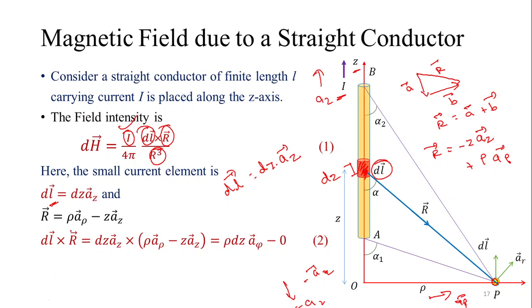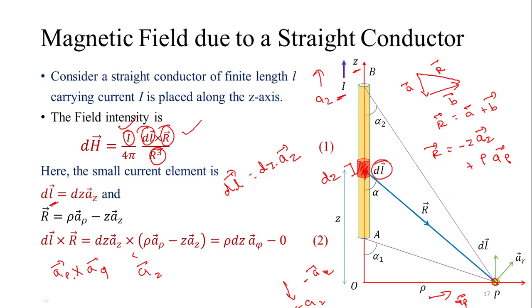Now let's substitute this dl and r here. We need to calculate dl cross r. So dl is dz az, and r is rho a rho minus z az. In the cross product we have a rho, a phi, and az, three vectors in cylindrical coordinates.